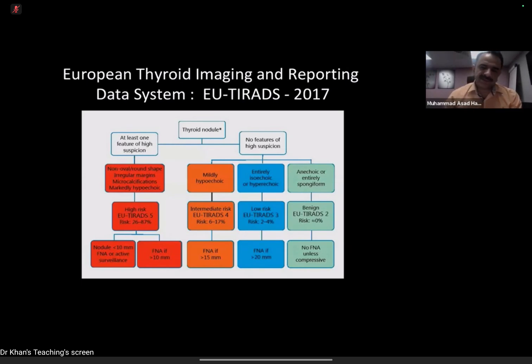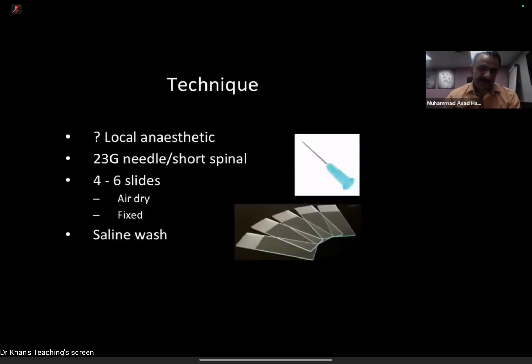You have described the fine needle aspiration really well. Now, normally in my practice, I use a 23 gauge needle. Some practitioners recommend using a short spinal needle because, once they have passed the hollow needle into the target nodule, spreading onto the slide is easier by pushing the stylet of the spinal needle through, and then it gets spread onto 4 to 6 slides.